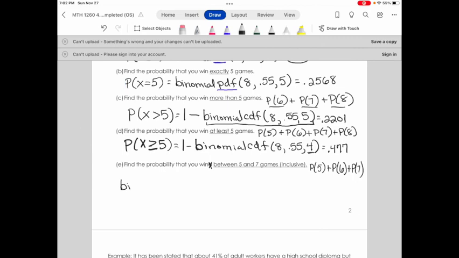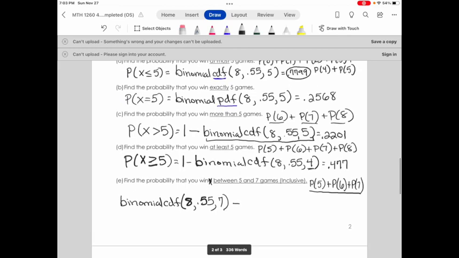So we're going to take the binomial CDF of everything up to 7, because we want to go up to 7 here. I want the calculator to tell me all the probabilities added up to 7. So we're going to put in our number of trials, our probability of success, and our value of x that we want to count up to and add everything up to.